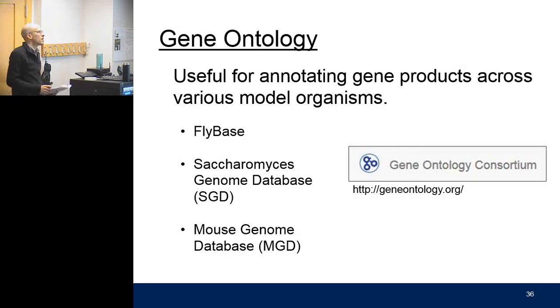So Gene Ontology is useful for annotating gene products across various model organisms. It started out as the ontology that underlies FlyBase and a few other databases, and is now used across a pretty wide range of gene-related databases and data sources. And you can get a better idea of what those are at geneontology.org.